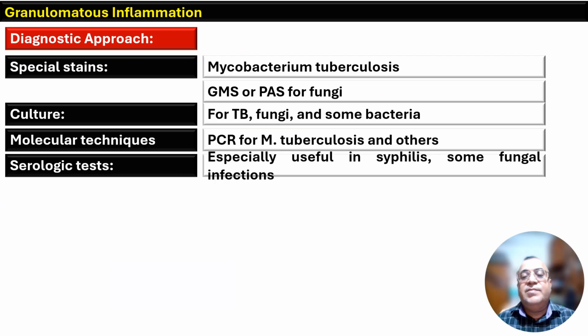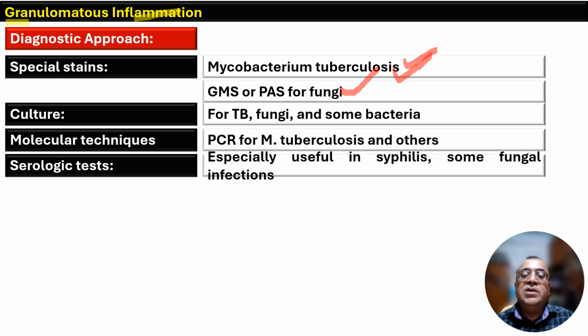Various laboratory techniques and methods are used for the detection of the cause of the granulomatous inflammation. Specialist stains are helpful in these. The specialist stain to stain Mycobacterium tuberculosis is the acid-fast stain or Ziehl-Neelsen stain. Then GMS, that is Gomori methenamine silver stain, or periodic acid-Schiff reagent stain, is used for fungi.